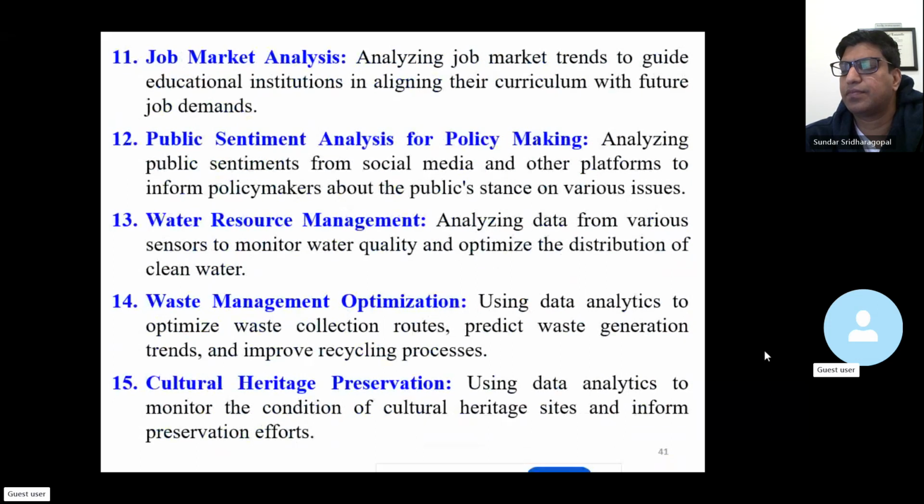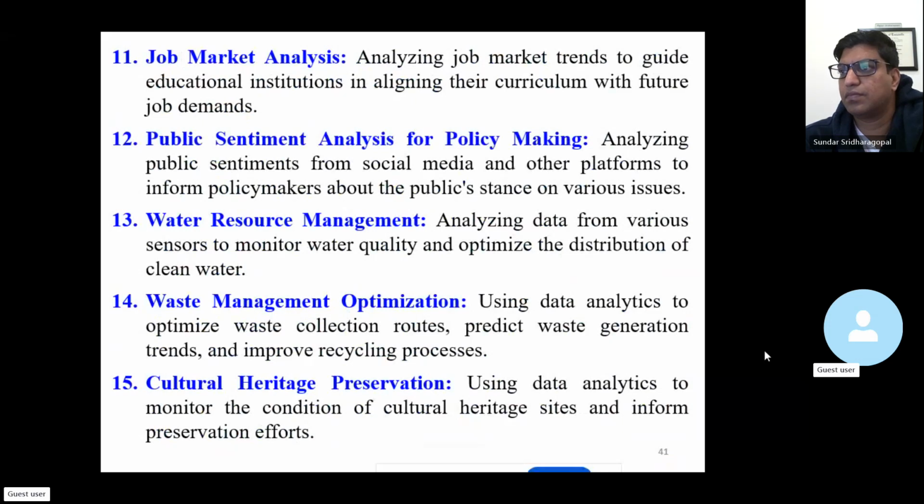Here we are analyzing public sentiments from social media like Facebook, LinkedIn, and Twitter data. So we are using these platforms to inform policymakers about the policies on various issues. Then water resource management and waste management optimization. Then cultural heritage preservation applications.